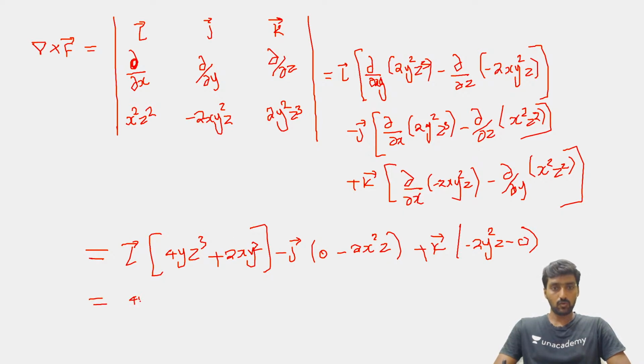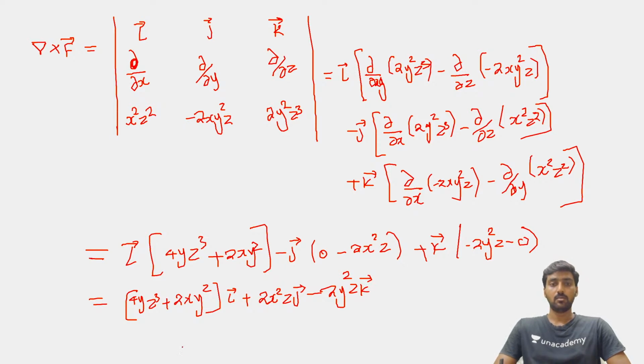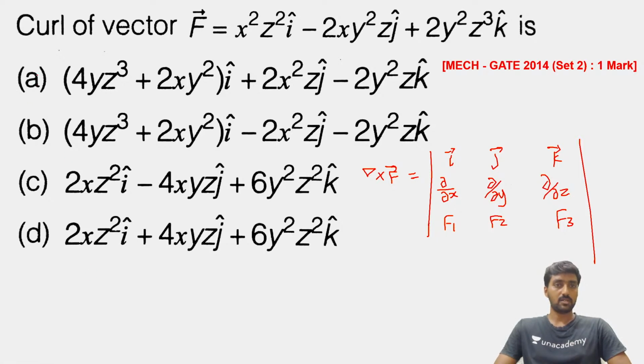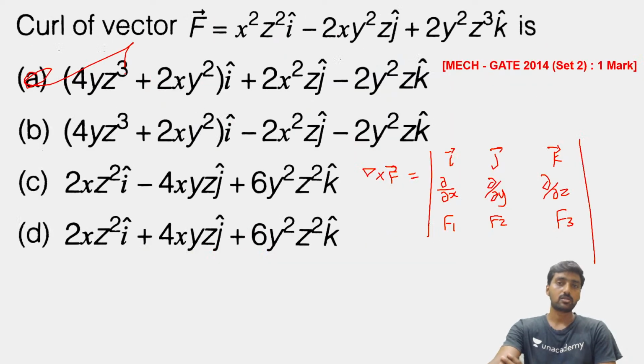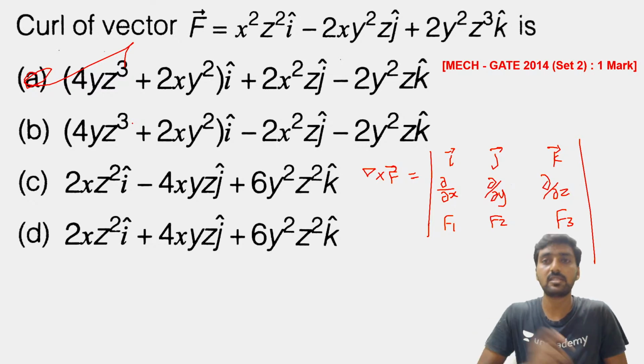So it is (4y z cube plus 2x y square) i vector plus 2x square z j vector minus 2y square z k vector. Yes, it is option A. This will be the right solution. Is it okay now? So we discuss the next one.